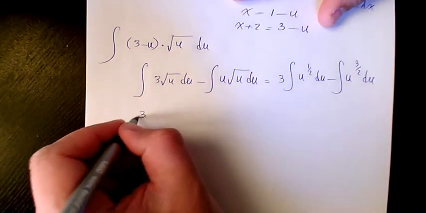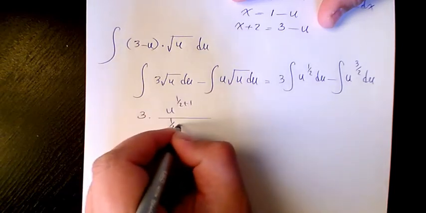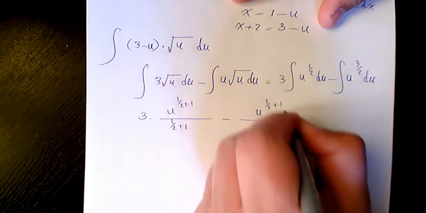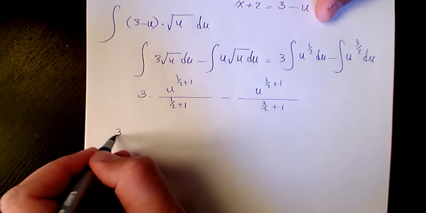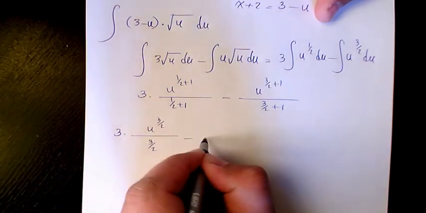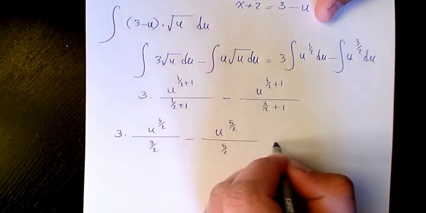It's going to be 3 times u to the power of 1 over 2 plus 1, over 1 over 2 plus 1, minus u to the power of 3 over 2 plus 1, over 3 over 2 plus 1. So we have 3 times u to the power of 3 over 2 over 3 over 2, minus u to the power of 5 over 2 over 5 over 2.